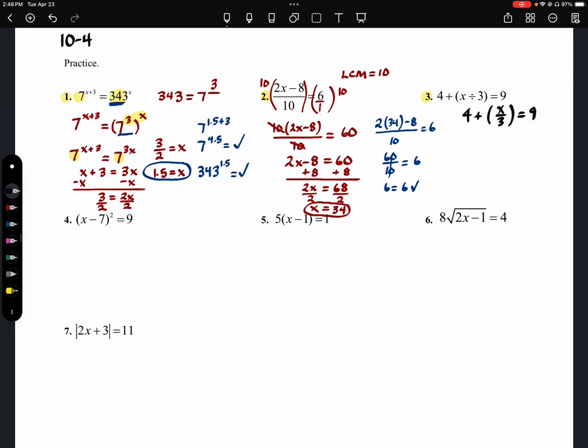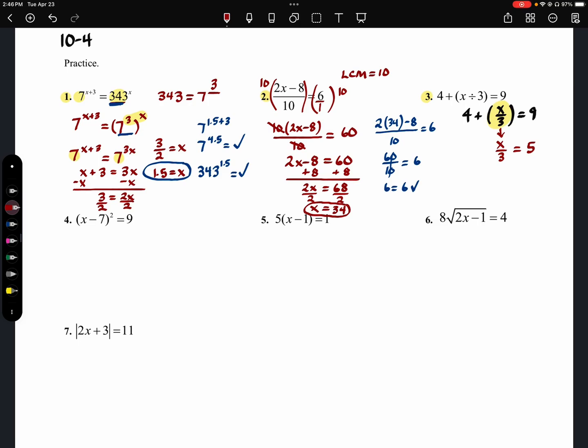I would probably start by looking inside, because I'm adding 4 plus something equals 9. Well, 4 plus what equals 9? If you said 5, you're correct. So I know here that this x over 3 has to equal 5 in order for the equation to end up equaling 9.